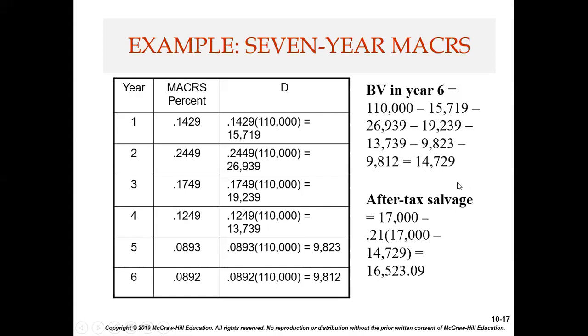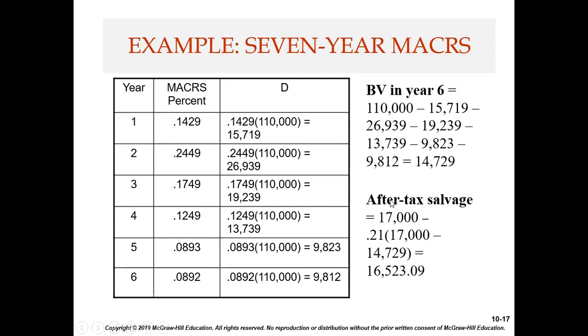$14,729. So when we're determining after-tax salvage value, it will be the $17,000 cash we receive, but all $17,000 will not be taxed. We will only tax the part of salvage value that is above book value. And here's why. In our first scenario, we were able to deduct all $14,729 on our tax return and get a full tax advantage for it.